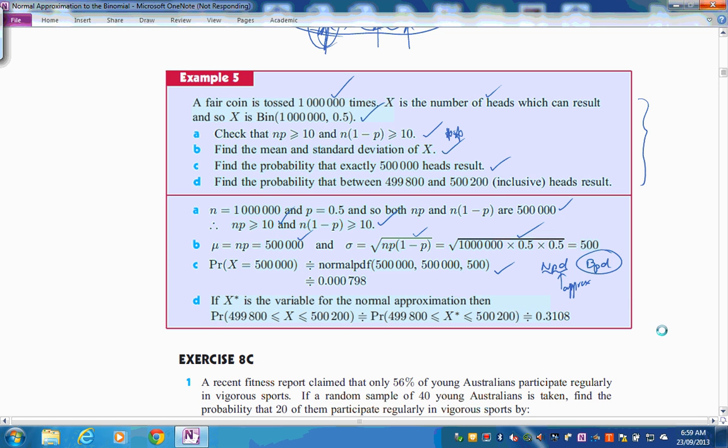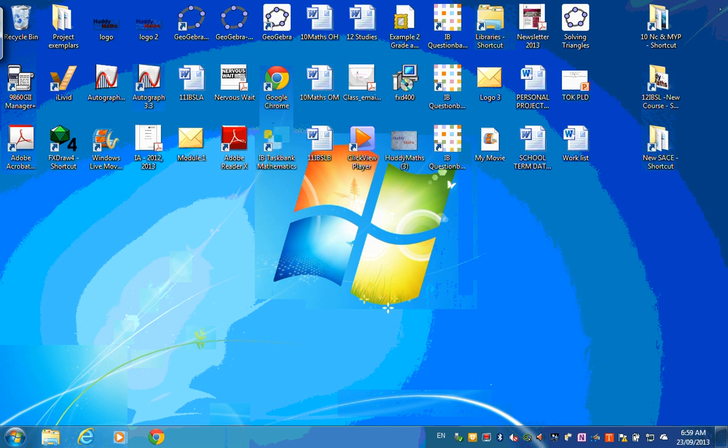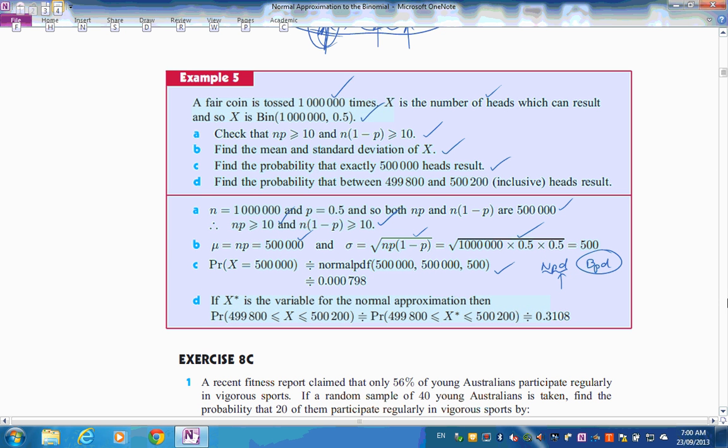All right, but if you did use an approximate variable here for this one, then what you'd have here is this one here, and we would be able to do it between two values to answer this question here.